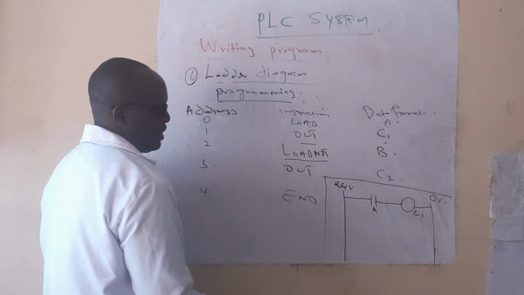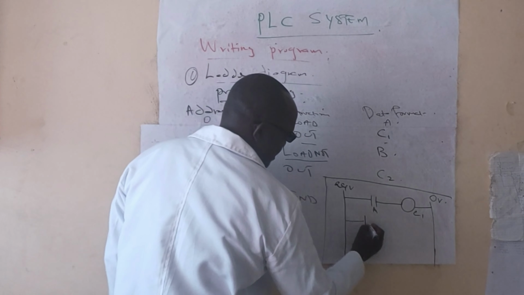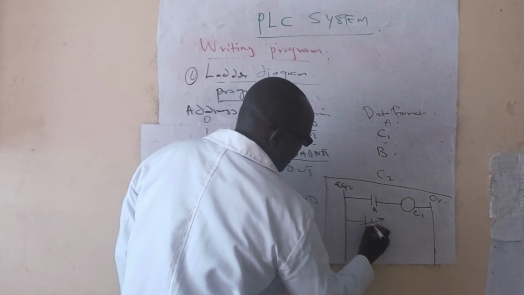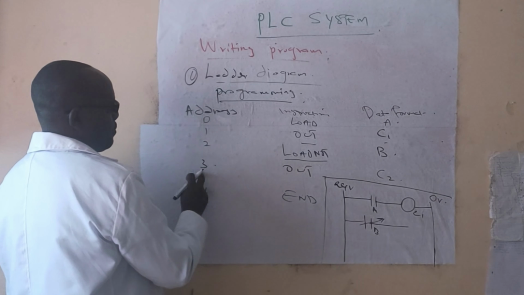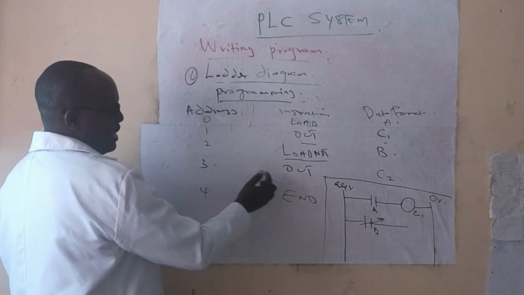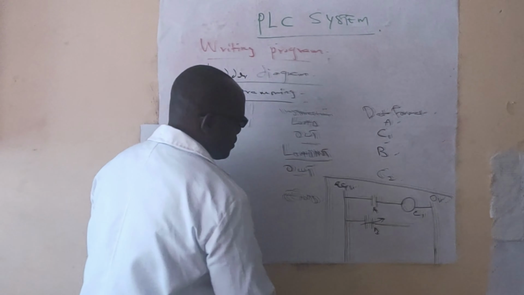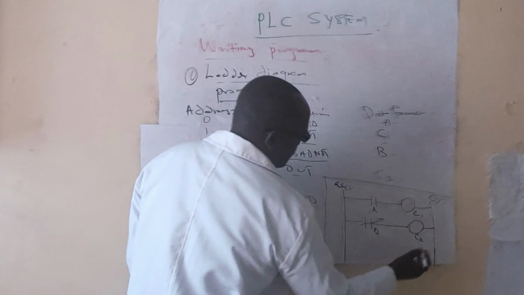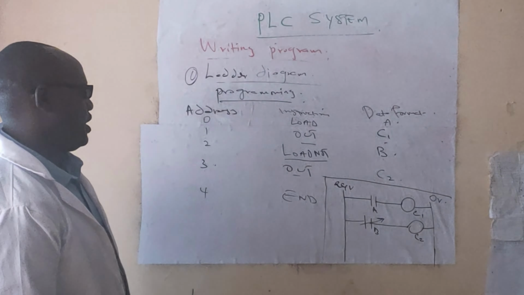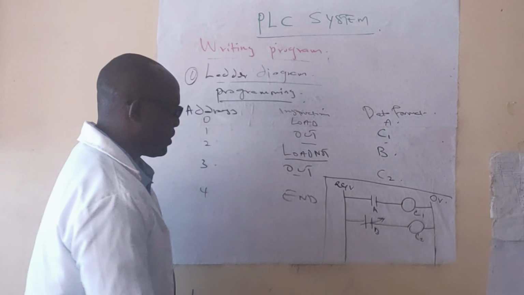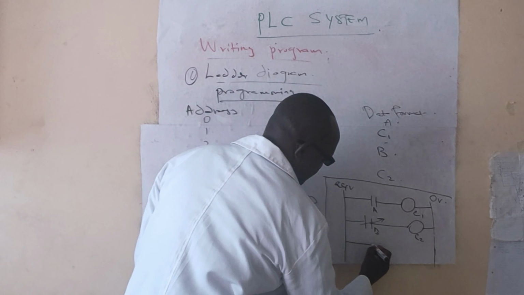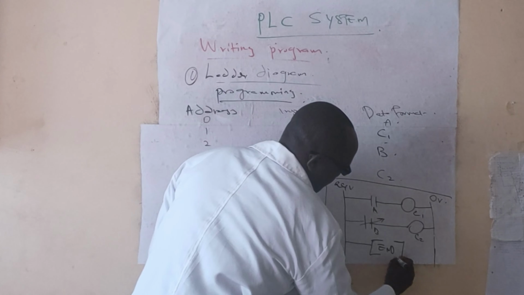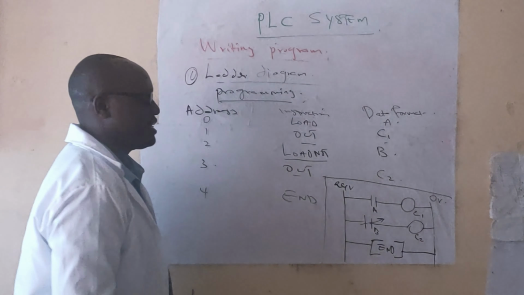That means you are going to apply this, and the data format is D. Then address 3 is telling us to output C2, and then address 4 is telling us that we end the program. So that is an example of a ladder diagram.